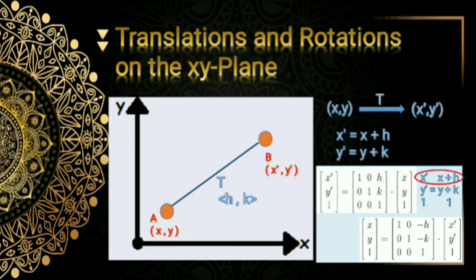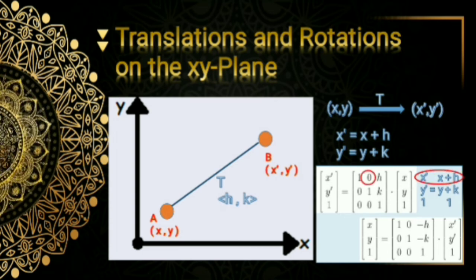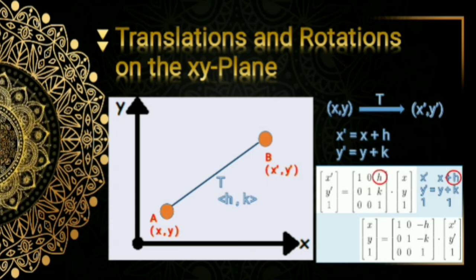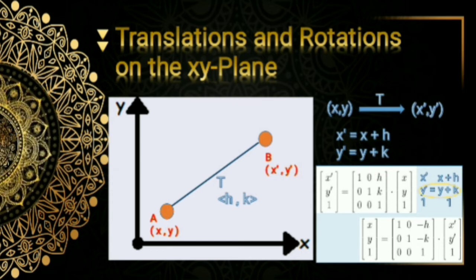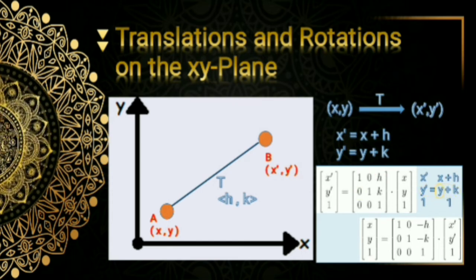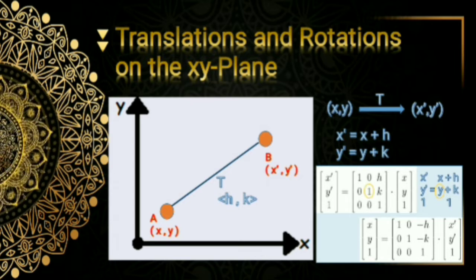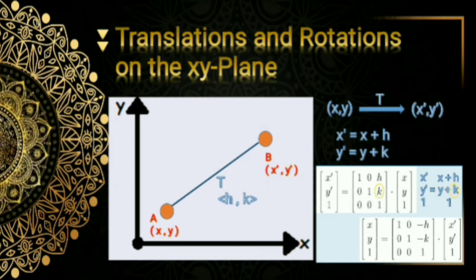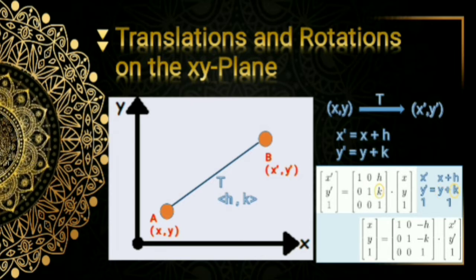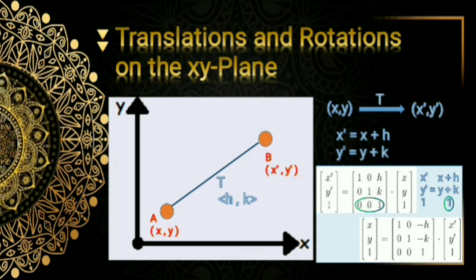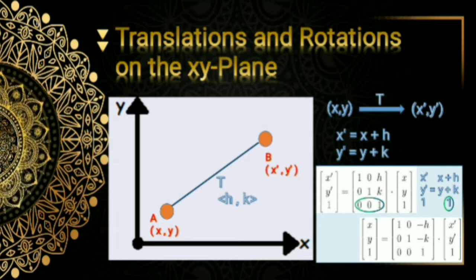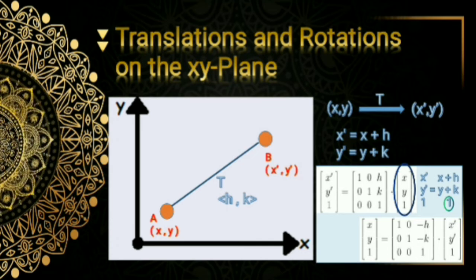Then we have no y in the first element, so we write 0, then we have our h. Next, for our second row, we have 0x, so we write 0. Then we have 1y, so we write 1, and then we have our k. Then for our final row, we only have 1, so we write 0, 0, and 1, and we multiply it by the column x, y, and 1.